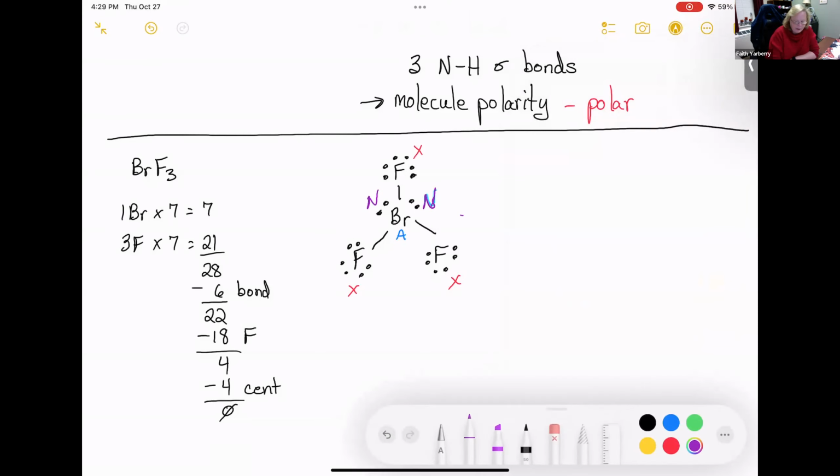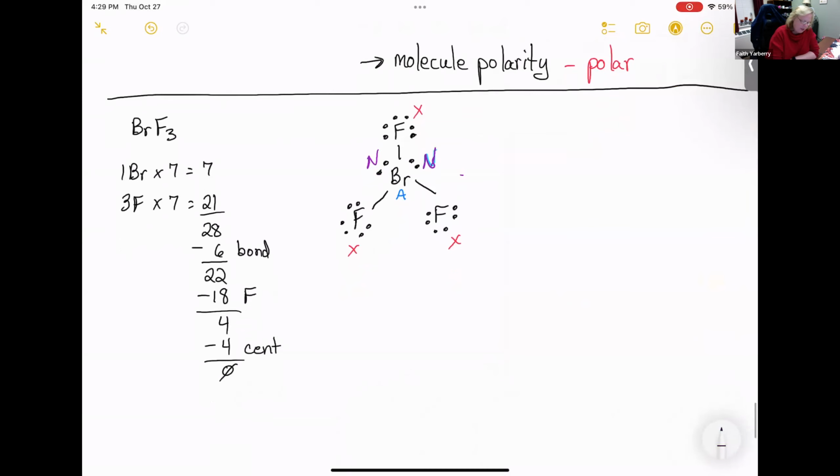So what we have is a molecule that is AX3E2, where X plus E is equal to 3 plus 2, or in other words, we're going to be dealing with 5 things that have to go on the central atom.